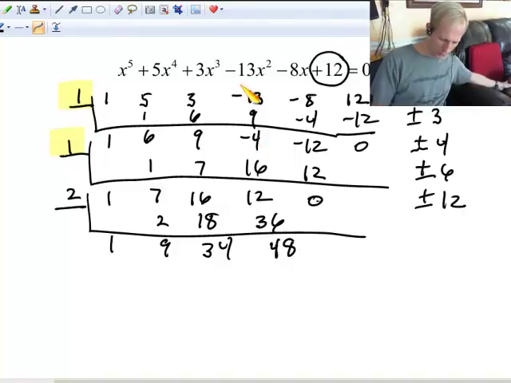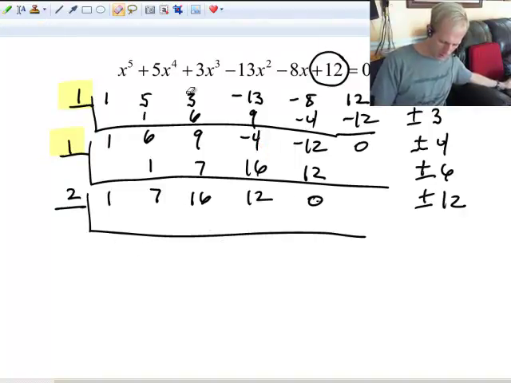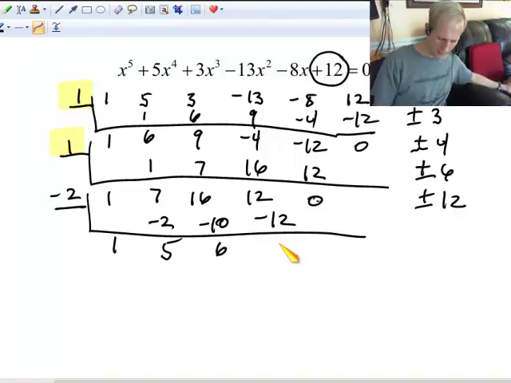Nope, 2 doesn't work. Let me try negative 2. And I'm doing synthetic division here. Oh, I just found that negative 2 does work, because I got another remainder of 0. So that means negative 2 is also a solution.